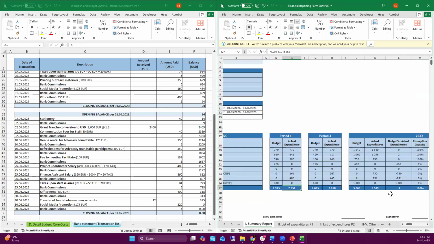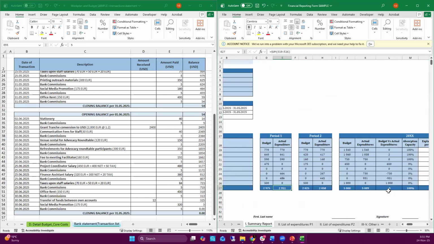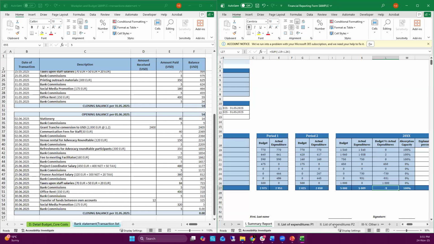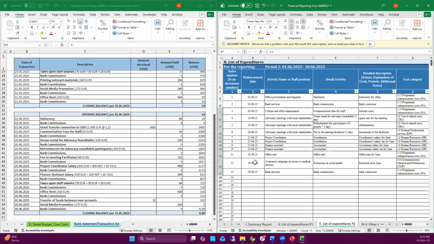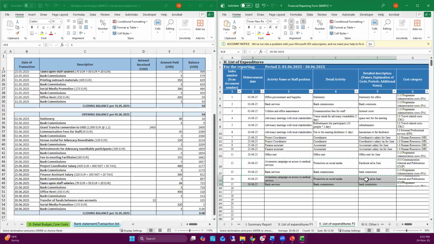So we see that we have in minus 9 euros. These are the amount that we borrowed from other sources. What we do in this case, because we need to end up with a zero here finally, we just take these lines and we show this as co-funding or co-financing.